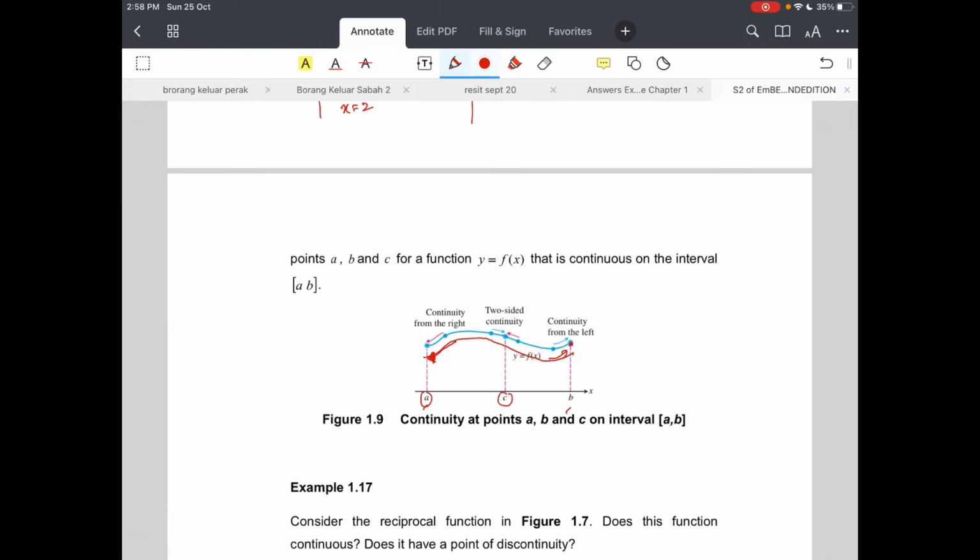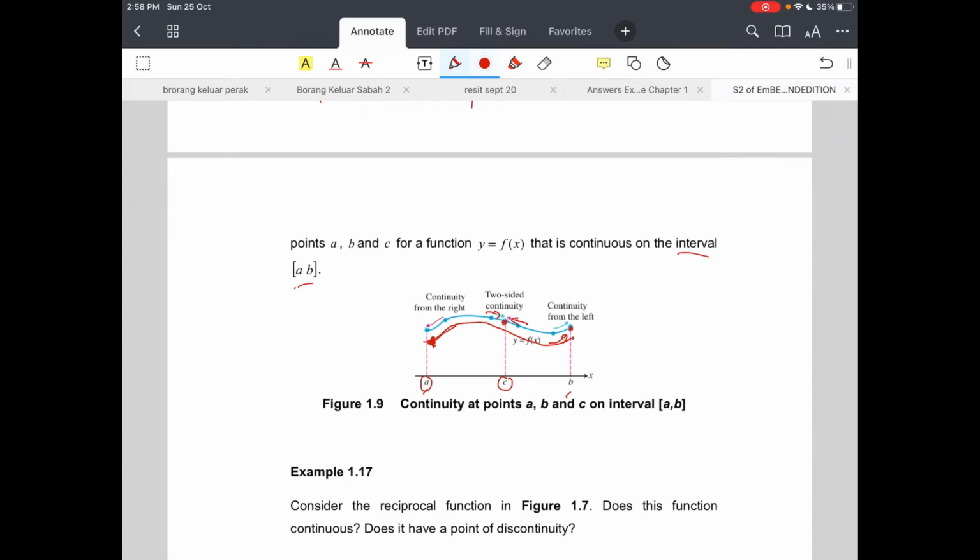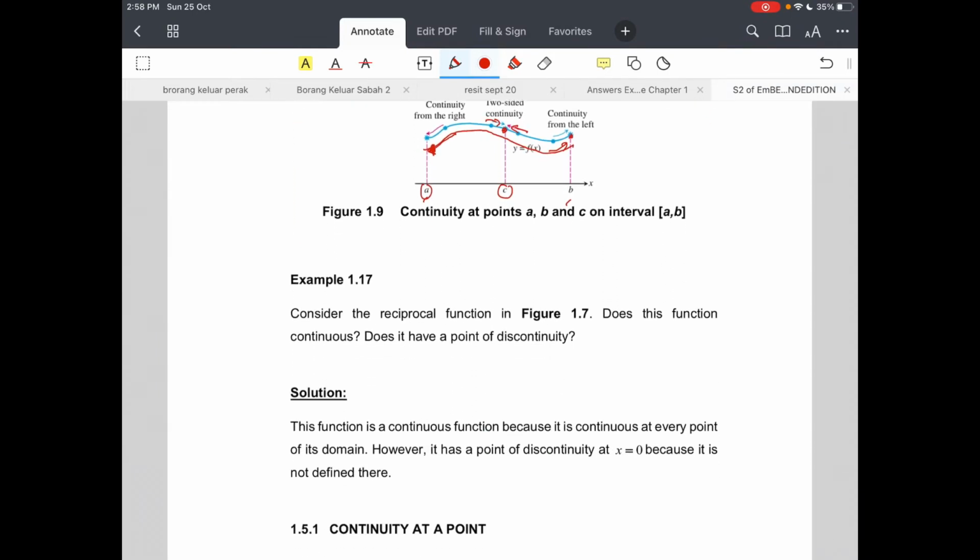And at another point C in the middle between A and B, two-sided continuity is also defined. So for this curve, the continuity at the points in the interval between A and B is defined. So it is continuous.